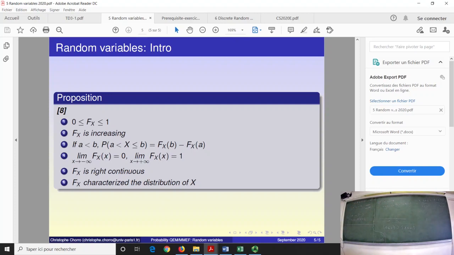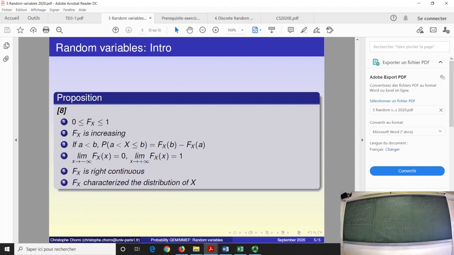So F_X is an increasing mapping. Okay? It's a mapping that is increasing. x1 greater than x2 implies the image of x1 is greater than the image of x2. It is the definition of being increasing. Now keep in mind that we have seen in the case of the indicator function that we don't have in general the fact that it is strictly increasing, but we have just to be increasing.